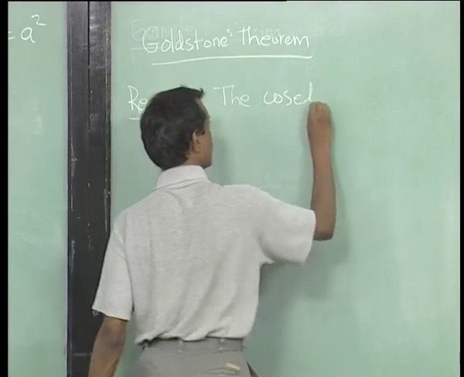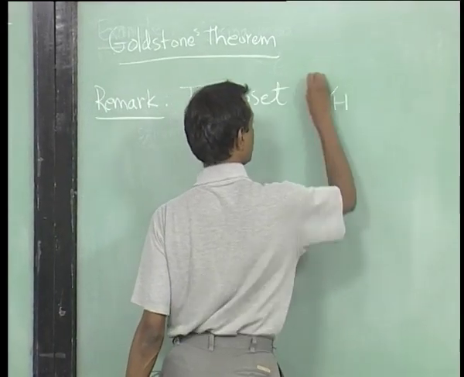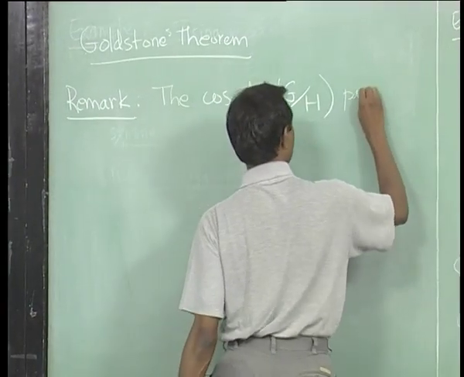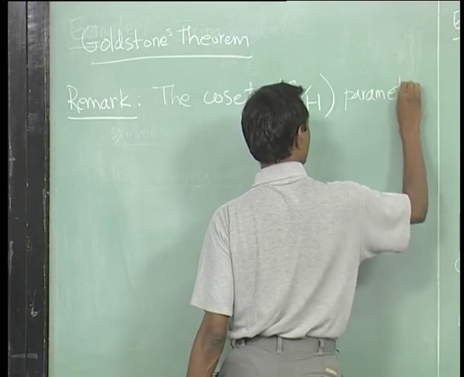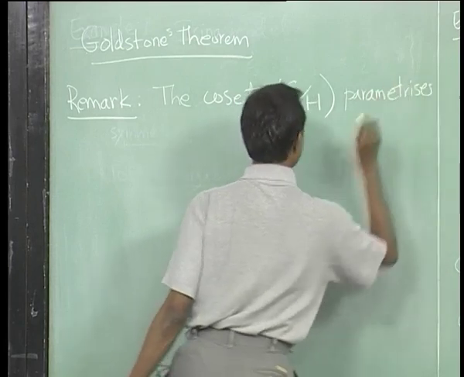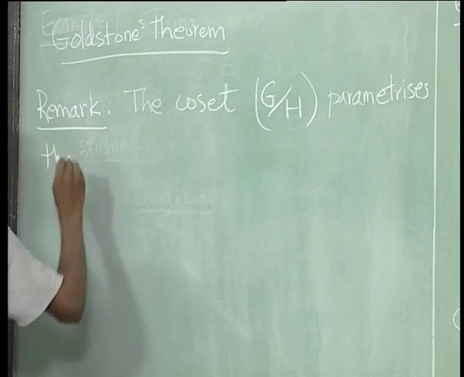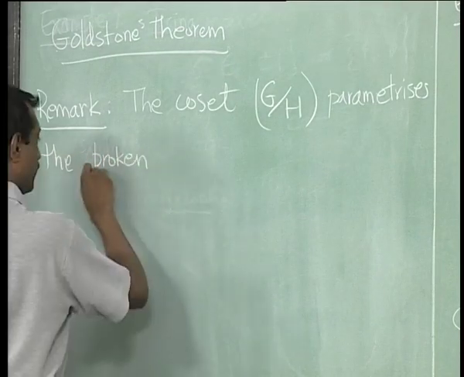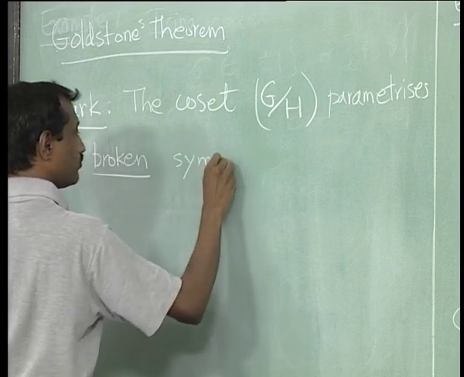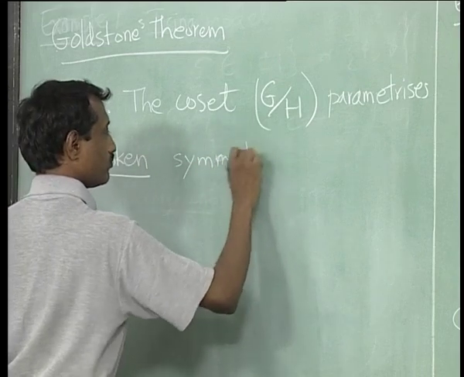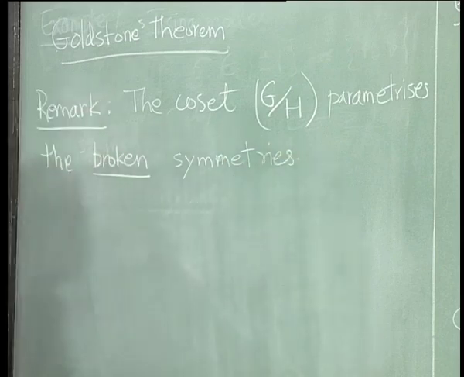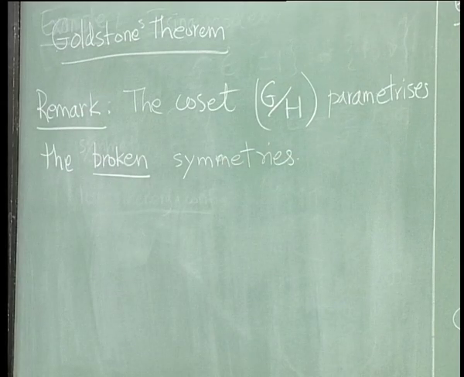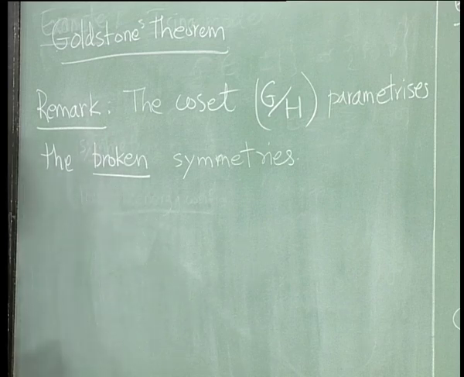The coset G mod H parameterizes the broken transformations.